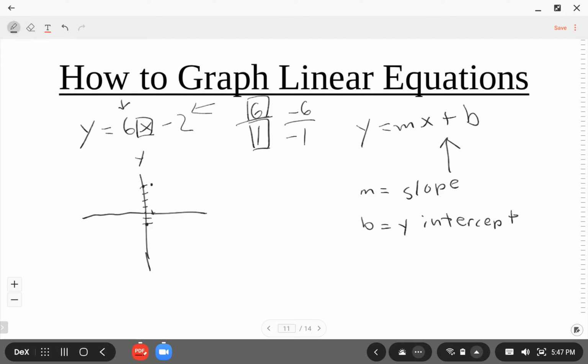So remember, you have to go down by 6 now that it's -6. So 1, 2, 3, 4, 5, 6. We go down, and then to the left, 1. There we go. And now you see that these points actually form a line, right? They form a line, okay?